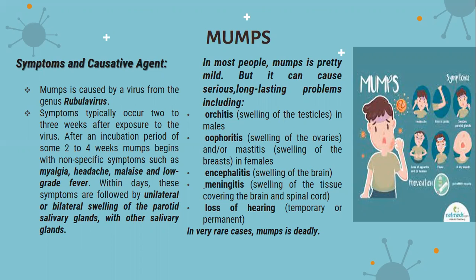Then encephalitis, swelling of the brain, meningitis, swelling of the tissue covering the brain and spinal cord, and loss of hearing, temporary or permanent. Those are the serious, long-lasting, and mild problems we can acquire if we have mumps.